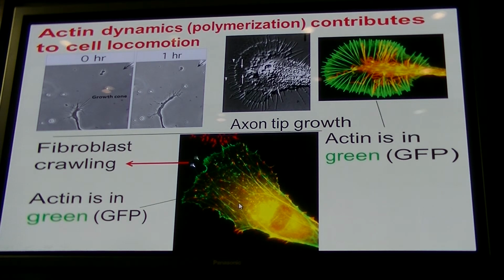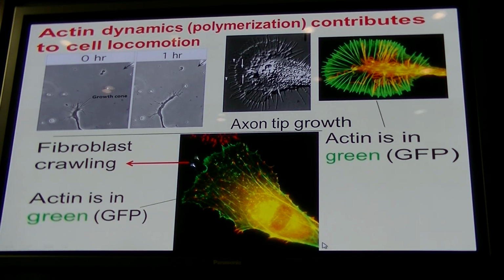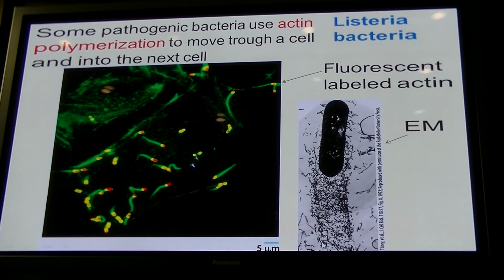So fibroblasts can crawl, and we can see in this fibroblast, here there's actin polymerizing at the leading edge where this fibroblast is growing towards. So the proteins that promote this assembly of actin are here, and the ones that promote disassembly are at the tail end of this fibroblast. And that's part of its crawling mechanism.